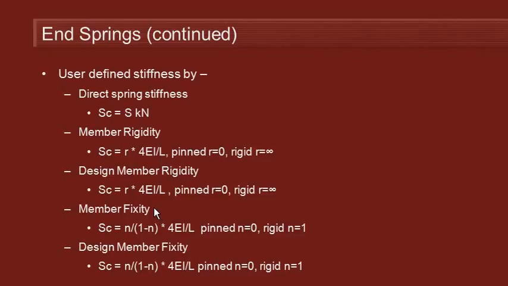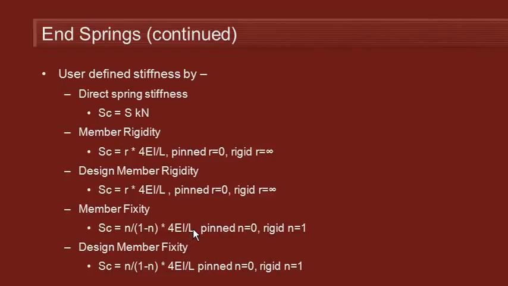The second rigidity option, or the third stiffness option, is member fixity. And this, you can see, is a nonlinear formulation. With the R factor, it's a linear formulation, a linear proportion of stiffness. But with the member fixity option, it's a nonlinear relationship between the stiffness of the spring and the bending stiffness of the member.